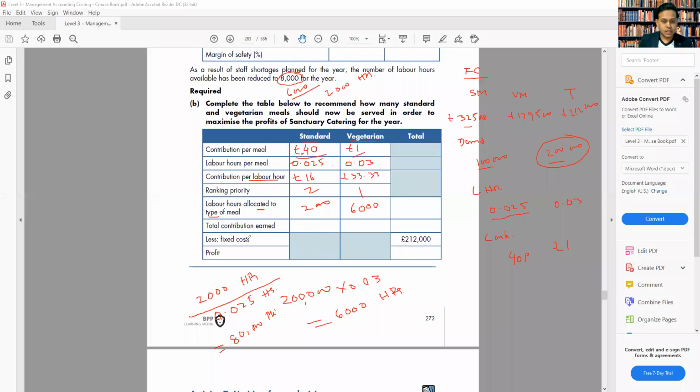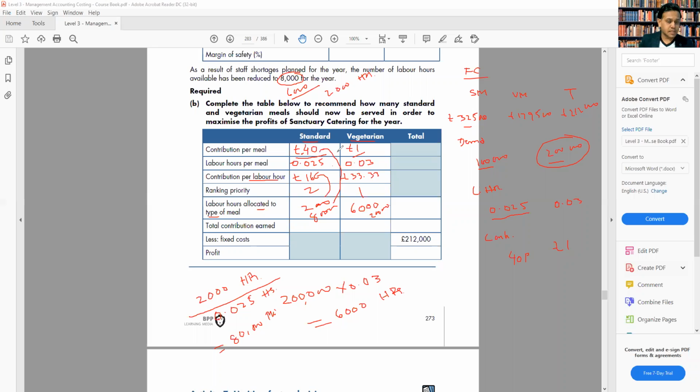Now, total contribution earned. Here for the standard, I'm making how many meals? 80,000 meals. And here I'm making 200,000. You can go with the hours and multiply with that, or go with the meals and multiply with that.